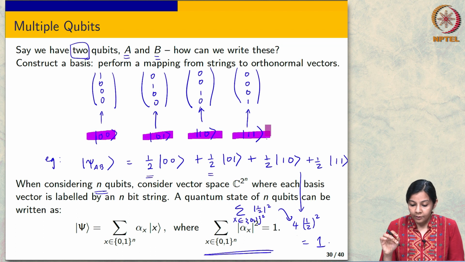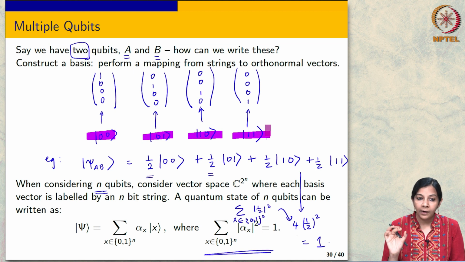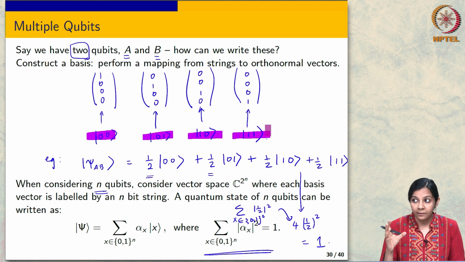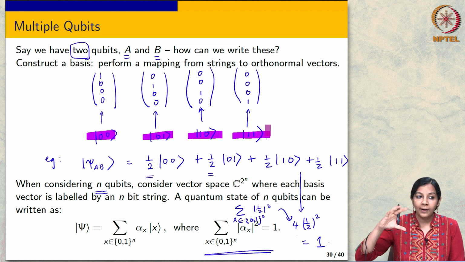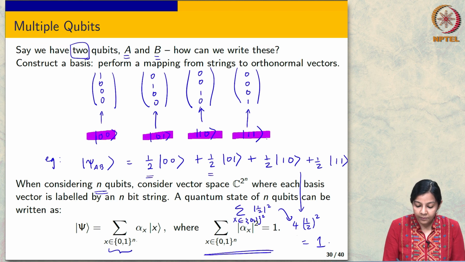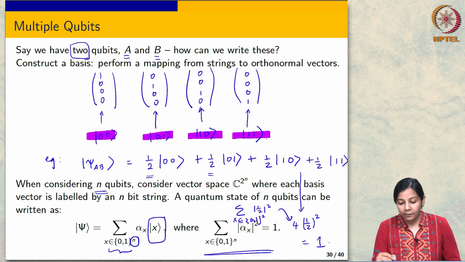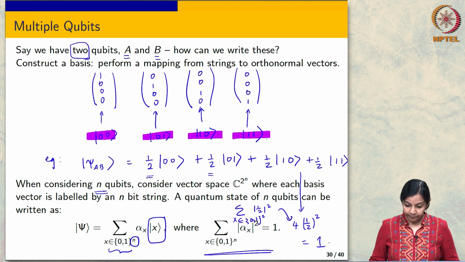So for n qubits, I can have length n strings, each of which corresponds to a basis vector of length 2 to the n. Okay, I hope that's clear. Basically my x is of size n, but each string of length n corresponds to this basis vector of length 2 to the n for orthonormality.